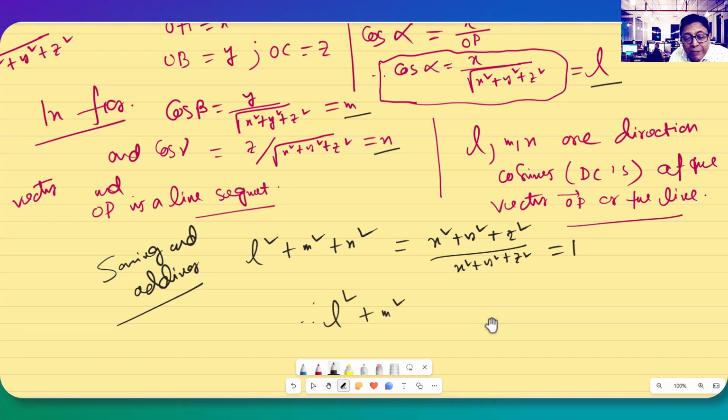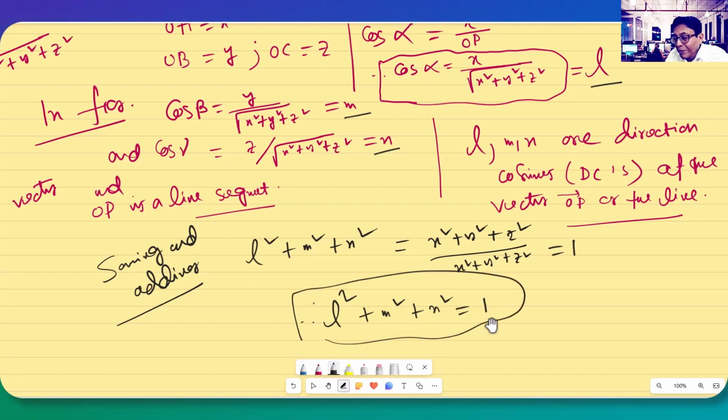So L square plus M square plus N square is 1. Hope you have understood. There is no confusion in it. So we got the relation among those three quantities for the vector OP or for the line. If you know two of them, L and M known, then N can be determined. Okay?